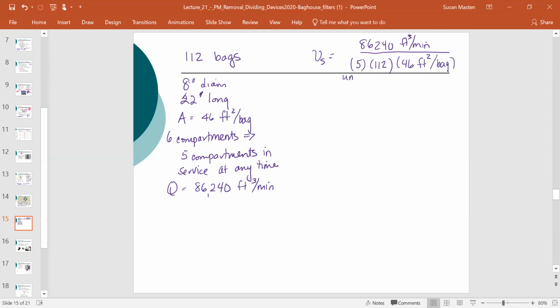So this is the 5 units, this is how many bags we have per unit, and the area per bag, and that is equal to 3.35 feet per minute, which is 1.02 meters per minute.